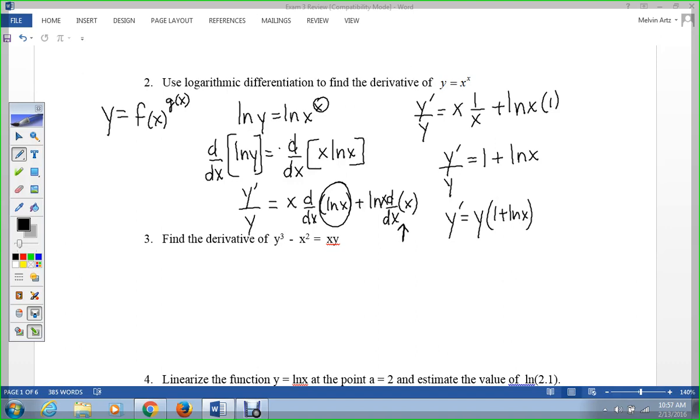So if we replace y with x raised to the power of x, that was our original function, that's what y equals, and then we'd have 1 plus our natural log of x. That didn't come out real well, but that's the natural log of x in parentheses.